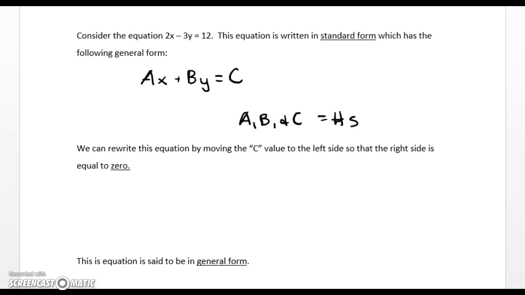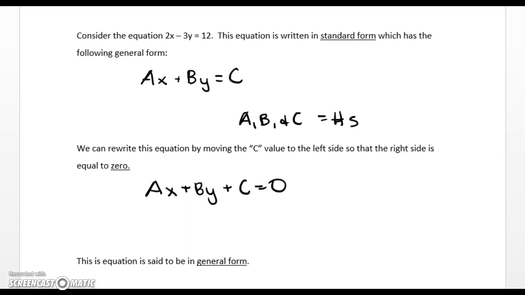The next one we're going to talk about is general form. This is almost identical to standard form, but one exception is that our C is going to be on the left side with the rest of our variables. So here we would have ax plus by plus c is equal to 0.